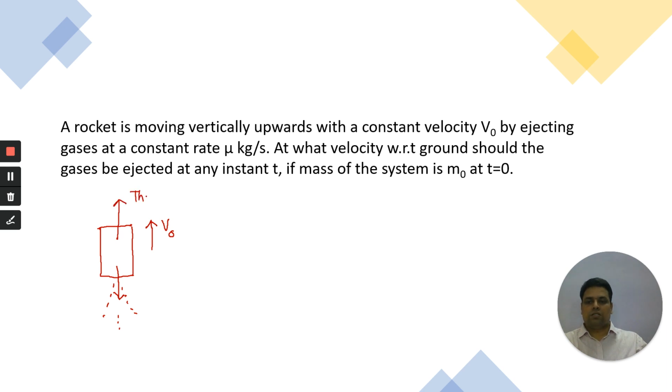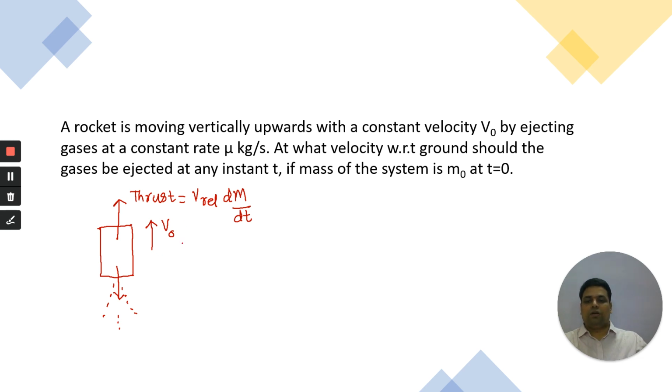The thrust developed by the ejected gases is given by V relative dm by dt. V relative is the relative velocity of the ejected gases with respect to the rocket. dm by dt is the rate at which the mass is ejected out.